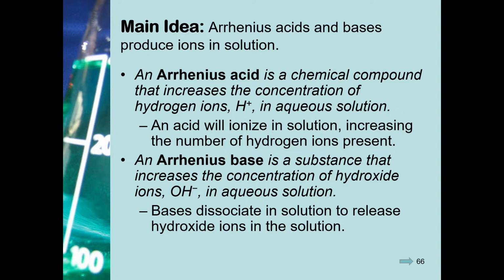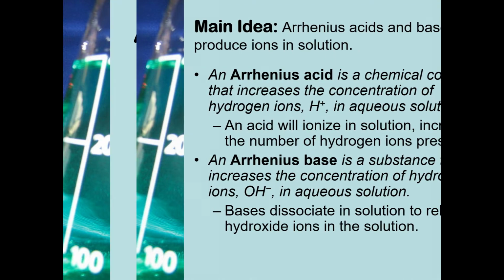Another thing that's different: acids will ionize in a solution. They're producing ions that weren't there previously, and bases commonly dissociate. Bases already are ionic compounds, and they're just breaking apart to release the hydroxide ions.